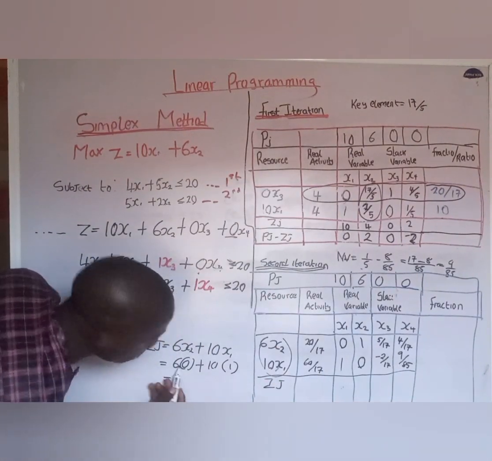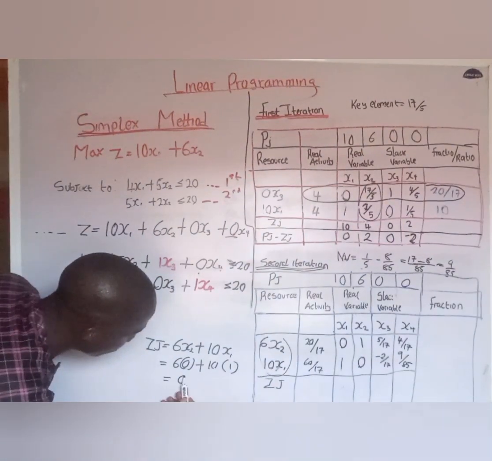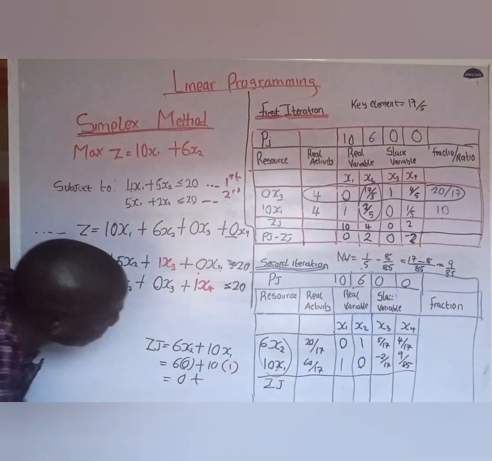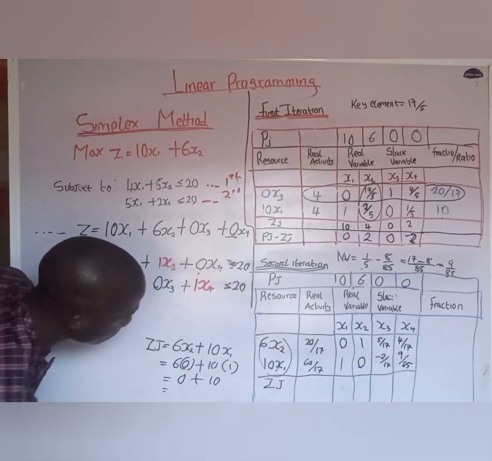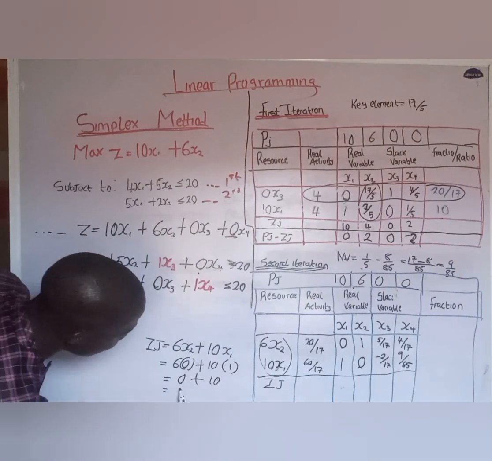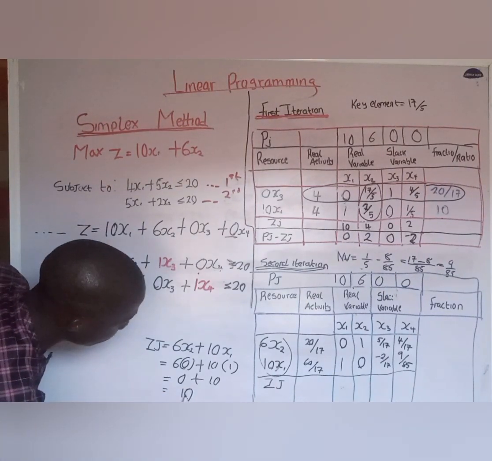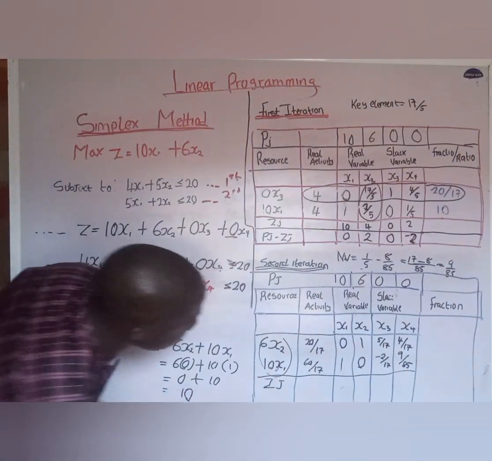So 6 multiplied by 0 is 0, plus 10 multiplied by 1 is 10. So the final value of zj here is 10.